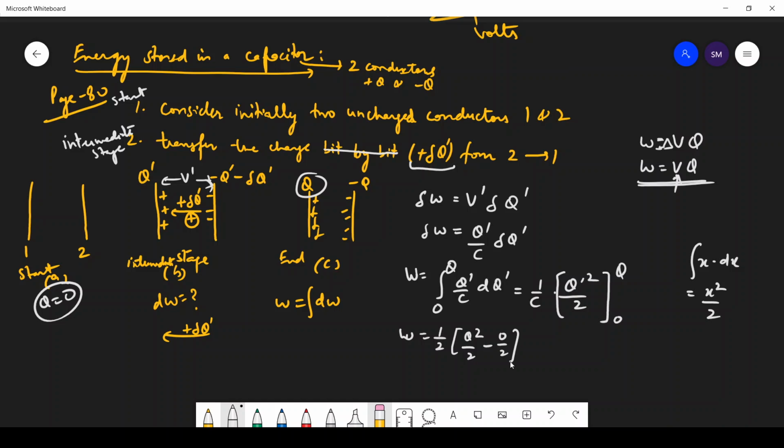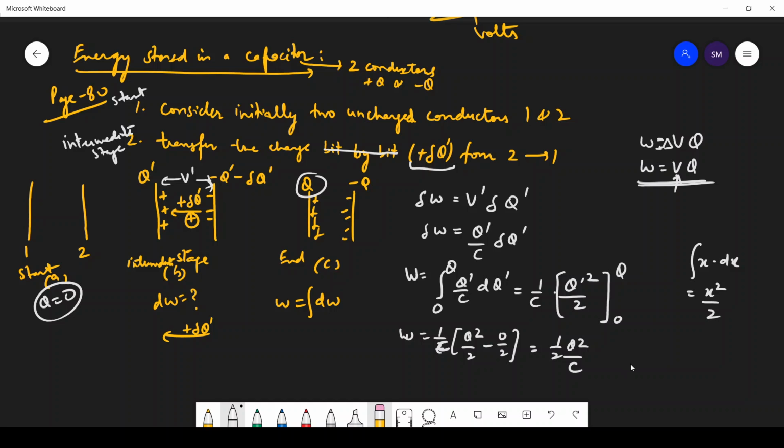So 0 by 2 is 0. So we have C here, not 2. So we have 1 by 2 Q square by C. So that's the total work done, students.